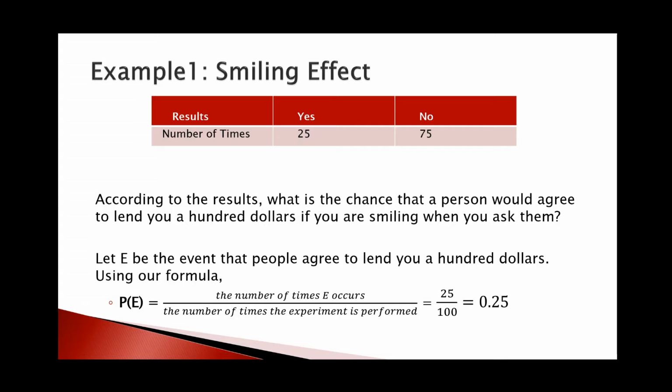Here it is 25. 25 out of 100 people agree to lend you $100, divided by the number of times the experiment is performed. Since the group of psychologists approached 100 people, the experiment is performed 100 times. And therefore, the probability of E is equal to 25 divided by 100, which is 0.25.